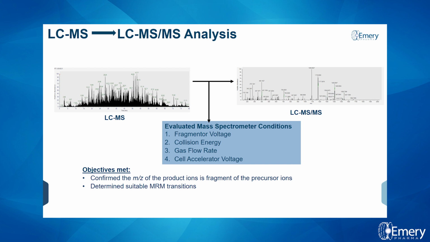So for that purpose, we optimize various mass spectrometric conditions here, such as fragmentor voltage, collision energy, gas flow rate, and cell accelerator voltage, and confirm the mass M/Z of the product ion that is coming out of this precursor ion, and determine the suitable MRM transitions to generate a single workflow.